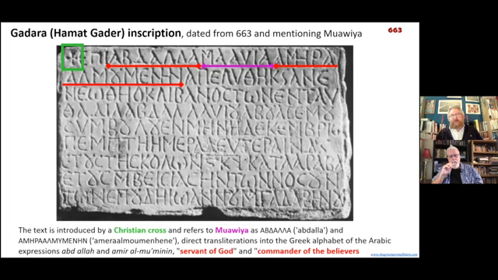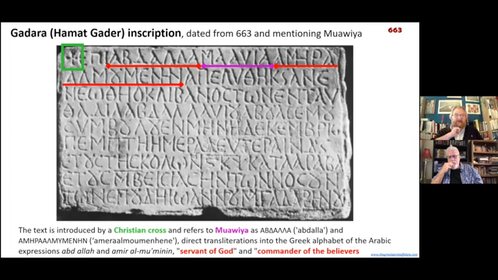Here we see that the territory Muawiyah was ruling over was not an Islamic one. It was still being administered according to imperial fashions, imperial ways, with Greek-speaking employees speaking in Greek, writing in Greek, such as here.